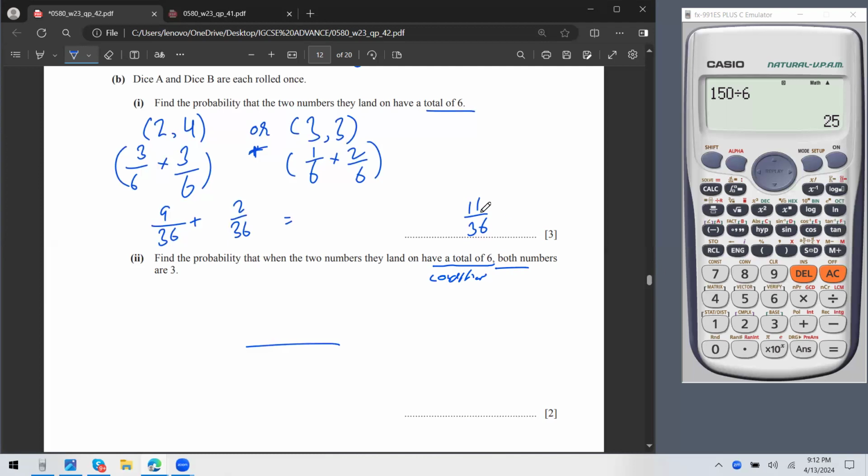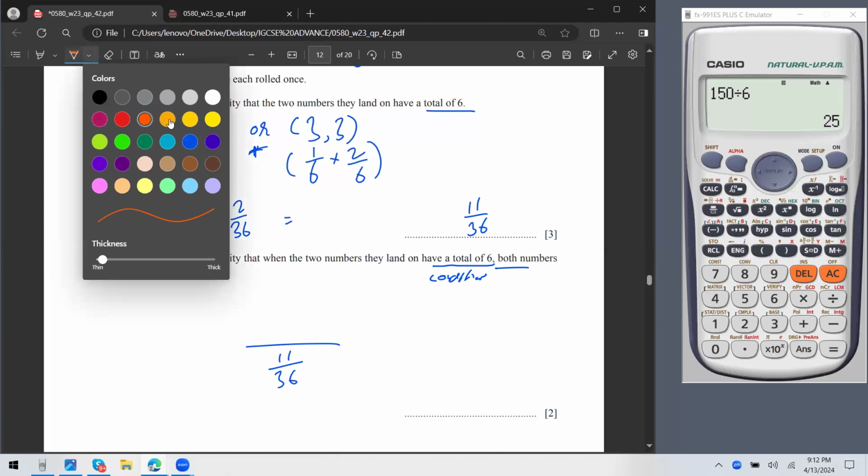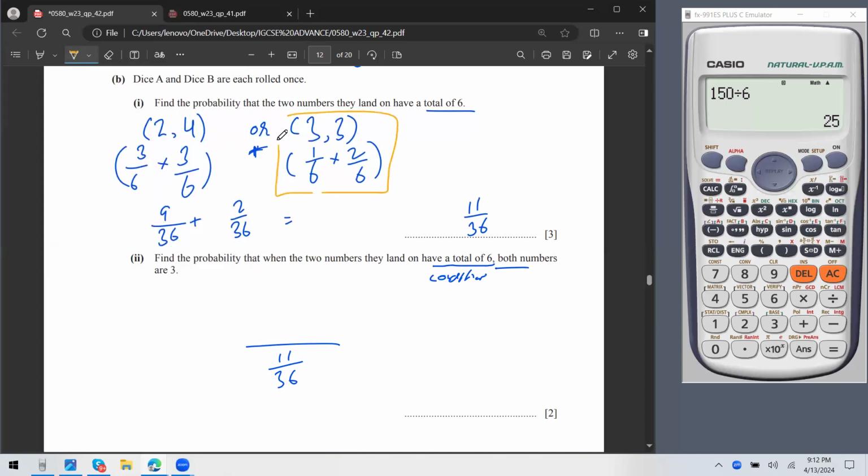So you can put the probability of the total being 6 as the denominator. Now both numbers being 3. What's the probability of being 3? Well, isn't it this one? We calculated already before. First 3 and second 3 is 2 by 36.